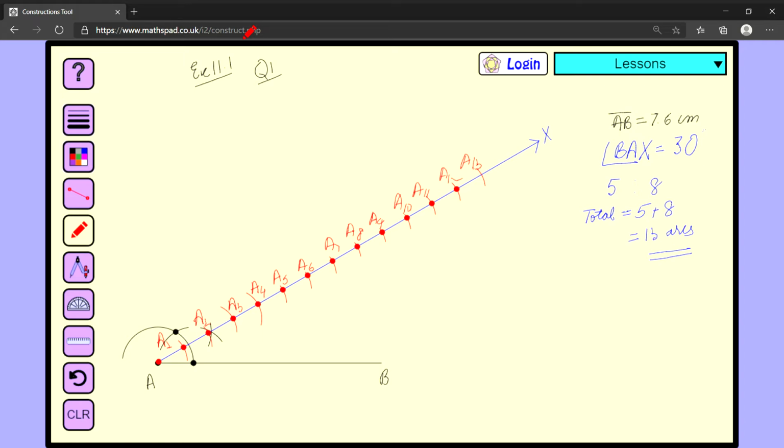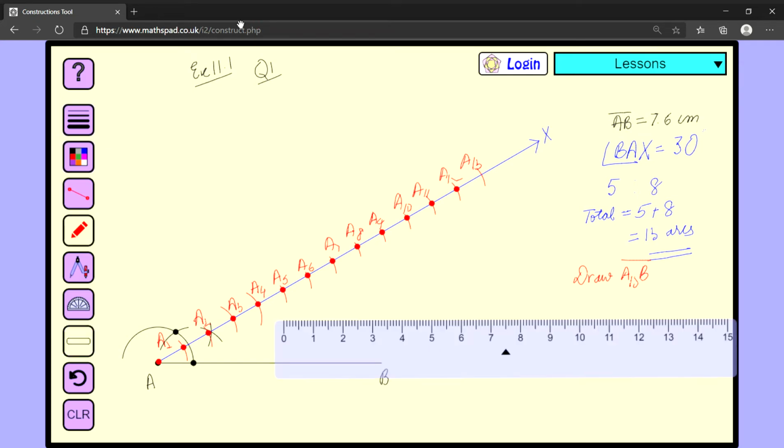I'm going to join this 13th point with point B, the other end. This is the line segment I'm going to draw, joining B with the last point obtained along the arm, and that I'll do with the help of a ruler.